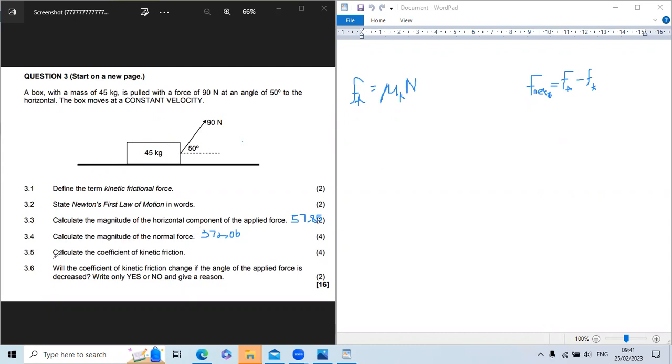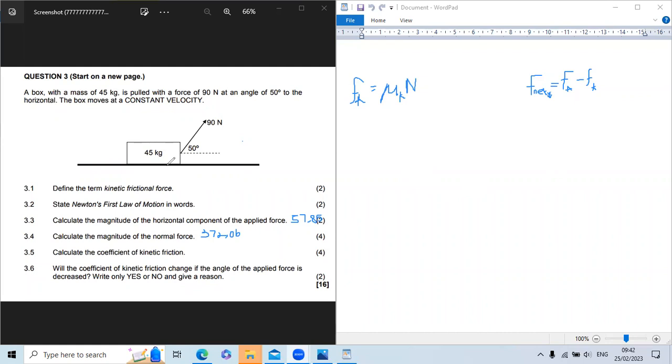The next question asks for the coefficient of kinetic friction. What you must look at now is kinetic friction, on the horizontal or on the vertical plane of the motion of the box.